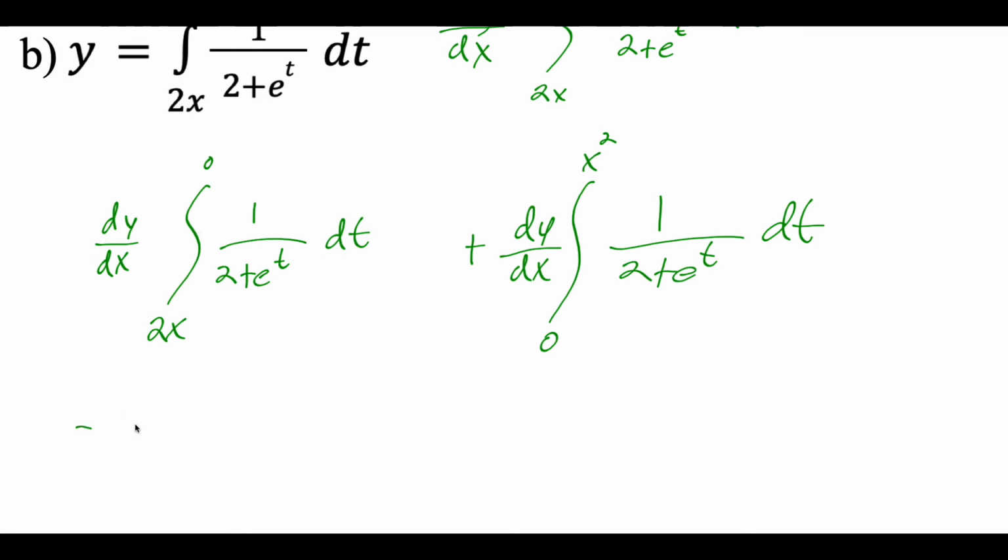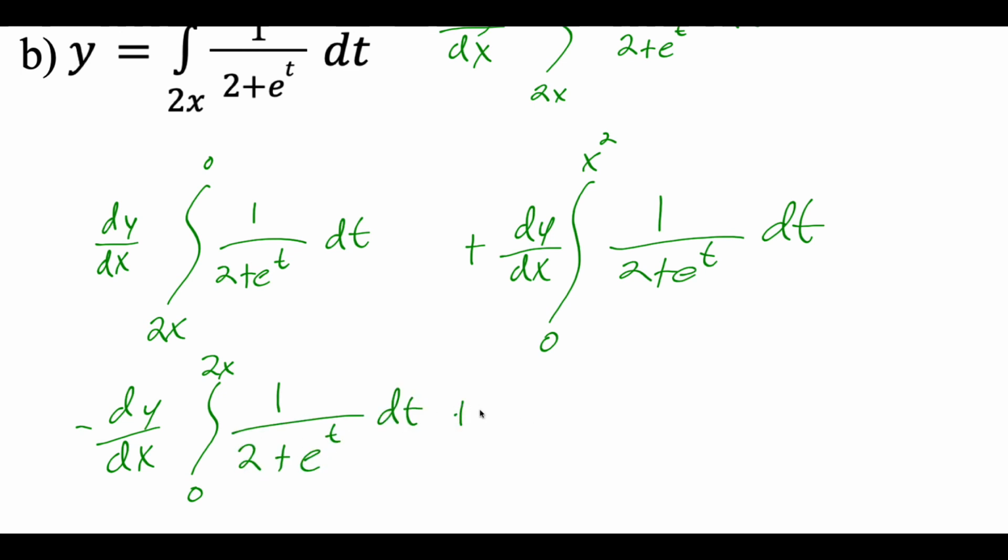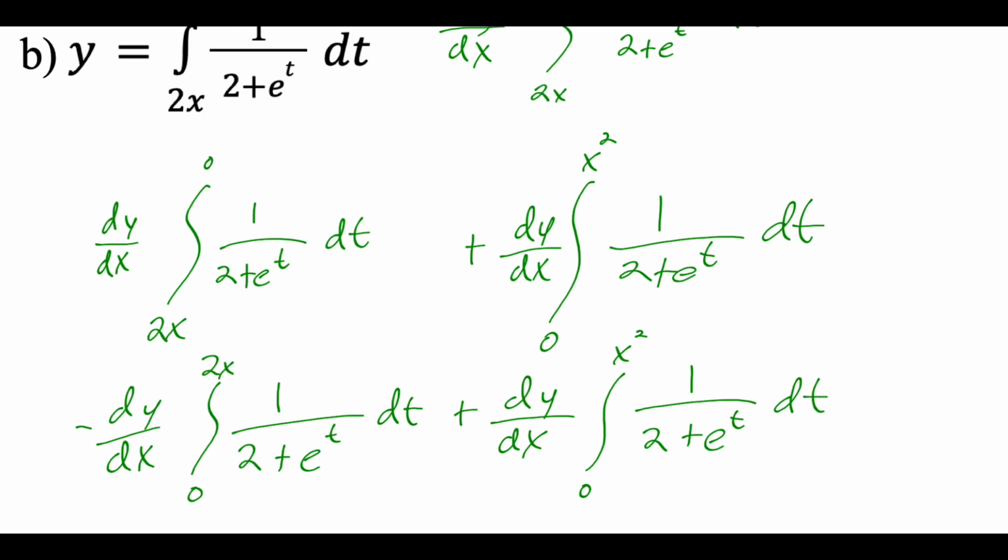So I'm going to make that negative dy/dx of the integral, but now I'm going from 0 to 2x. I flip-flop those around by taking the negative out. 1 over 2 plus e to the t dt, plus we've got that dy/dx of the integral from 0 to x squared of 1 over 2 plus e to the t dt.